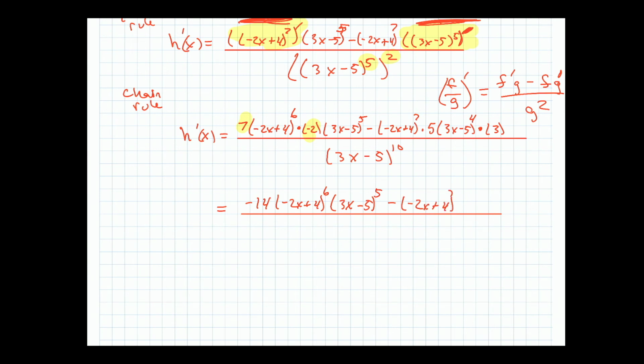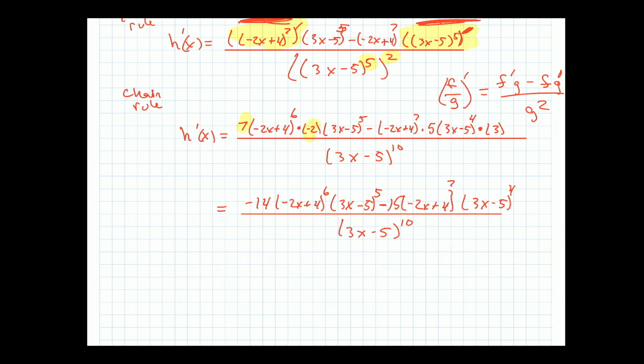I should have figured out the constant to start with. So for the constant, I have a 3 and a 5, which is 15. So minus 15, and then (negative 2x plus 4) to the 7th, (3x minus 5) to the 4th, all over (3x minus 5) to the 10th.